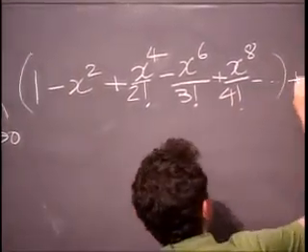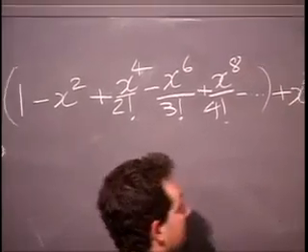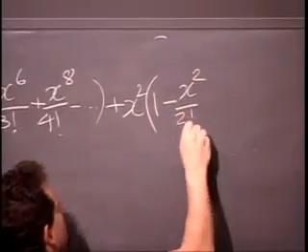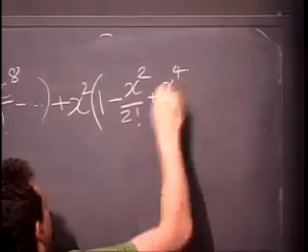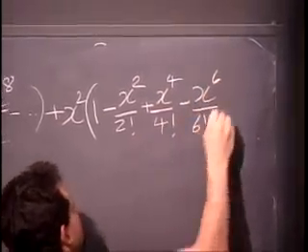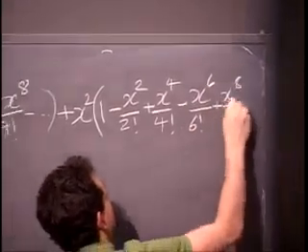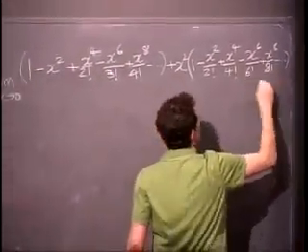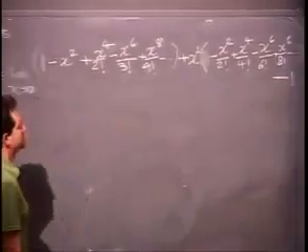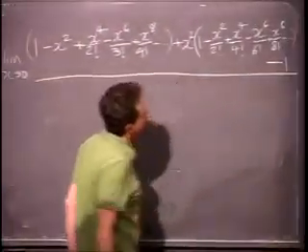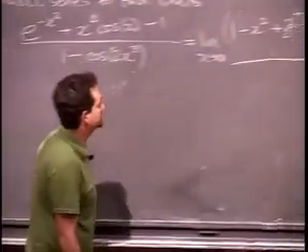Plus x squared cosine x is going to be 1 minus x squared over 2 factorial plus x to the 4th over 4 factorial minus x to the 6th over 6 factorial plus x to the 8th over 8 factorial. And then somehow I have to squeeze in a minus 1 on the numerator. So that's the numerator. Unfortunately, I didn't quite squeeze in the minus 1, but what are you going to do?